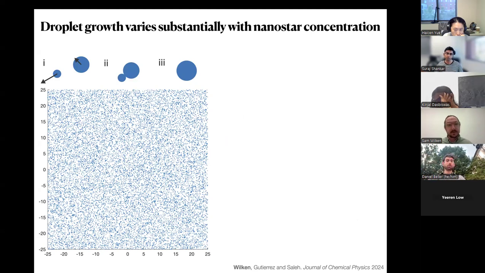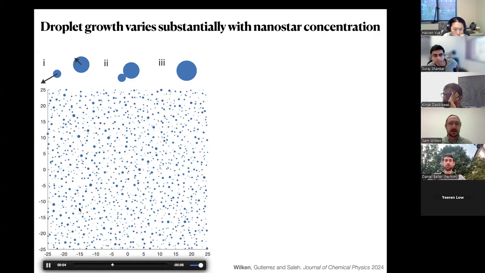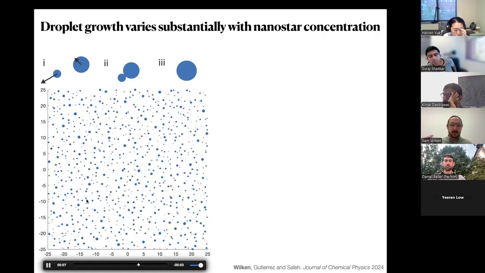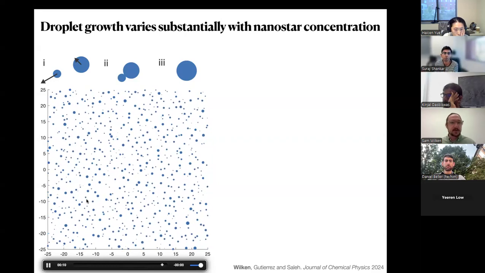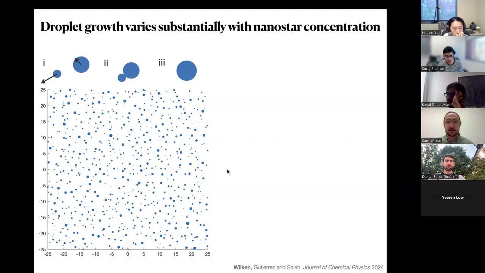Because we think we have a good idea with the Brownian motion and coalescence, we perform particulate simulations where we model the nanostar droplets as just coalescing droplets that undergo Brownian motion with Stokesian diffusion. This is a 2-dimensional example of what you would see. You start out with very small droplets that undergo Brownian motion, and once they collide with neighbors, they coalesce into larger droplets that then diffuse slower because of the 1 over r scaling of the diffusion.